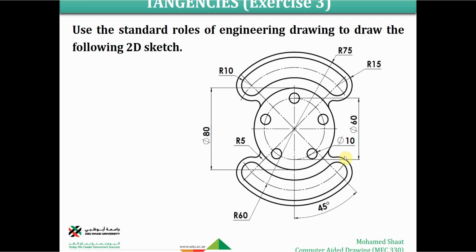As you can see, it is very similar to what we did in the previous meetings, but in the previous meeting we had some simple lines and some circles, but here we have arcs or curves. This is a curve, not a complete circle. This is R5, it is another curve. So for many of these curves we already have their center points, and for many of them we don't have their center point.